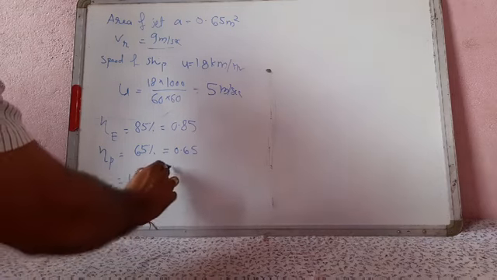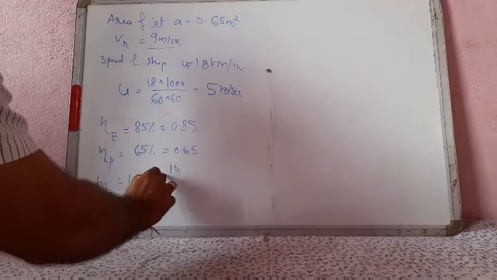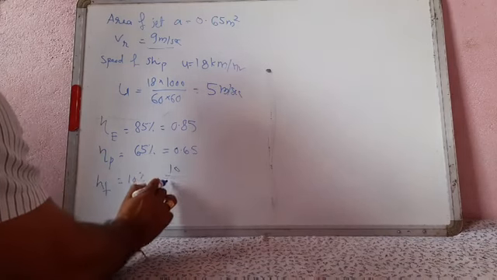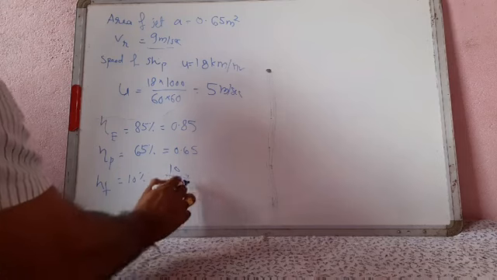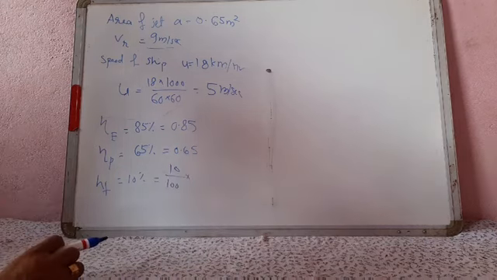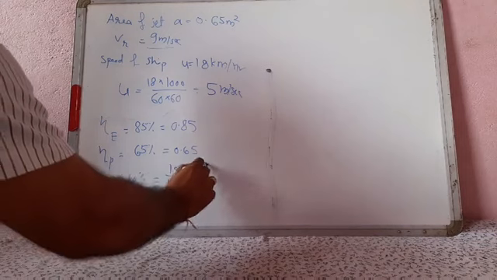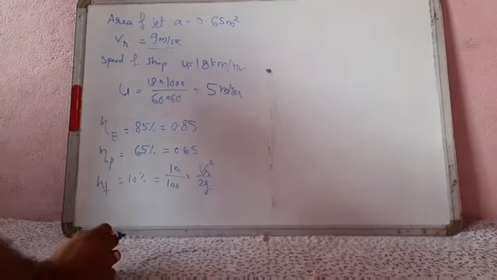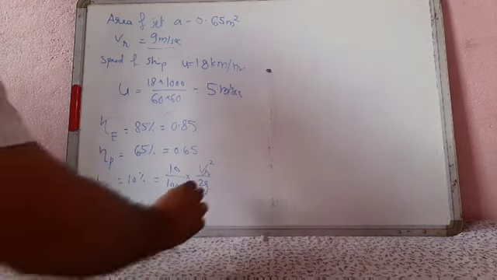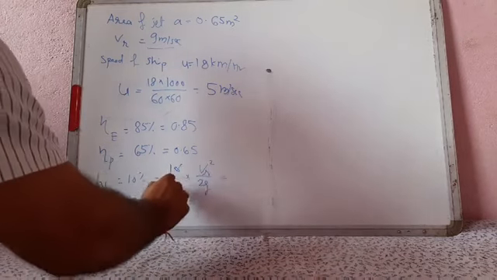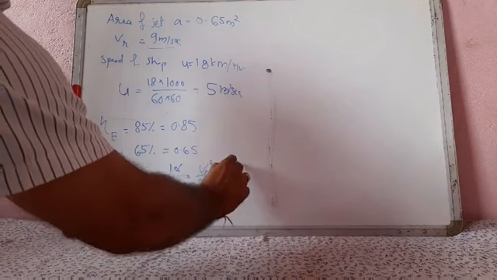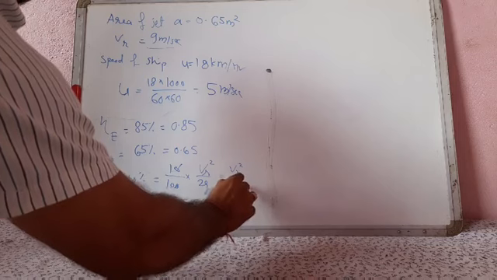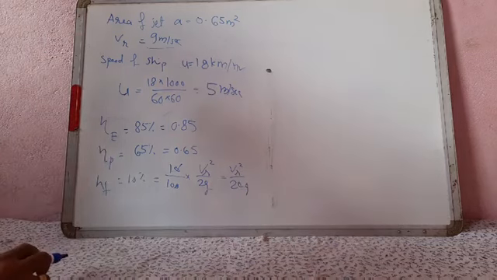So this is 10 by 100, 10% into VR square by 2g, that is VR square by 20g.